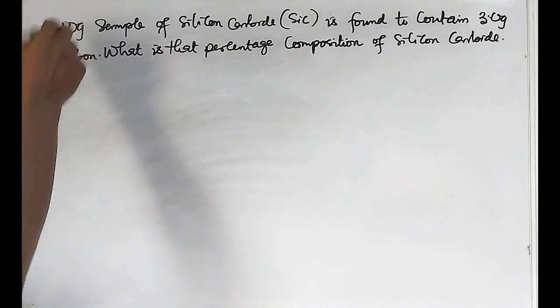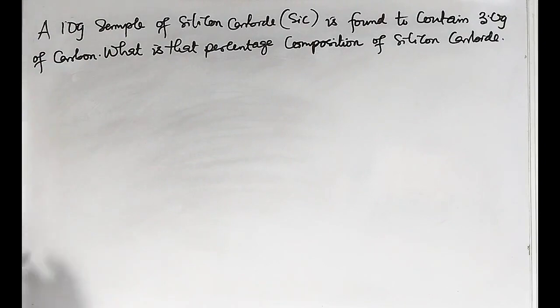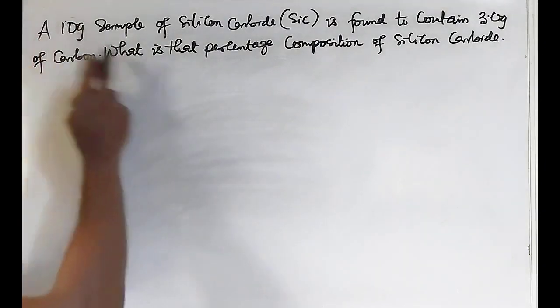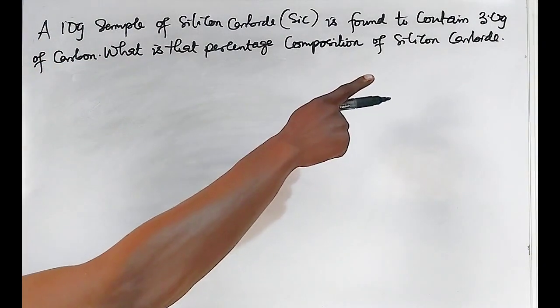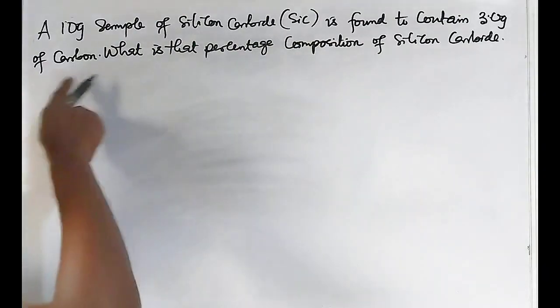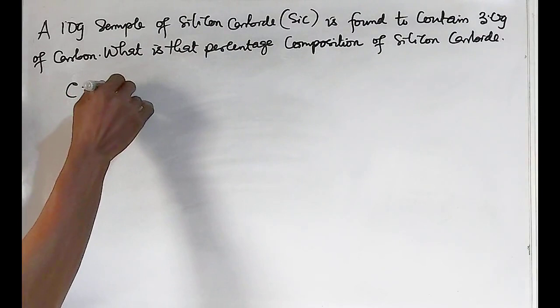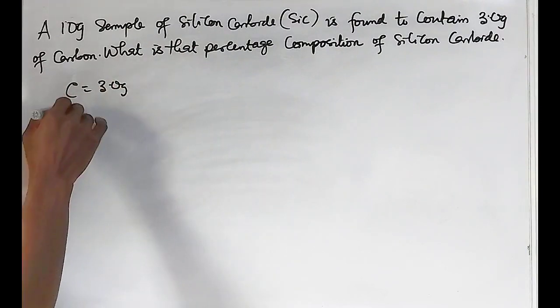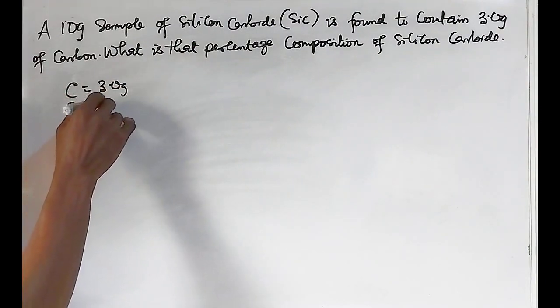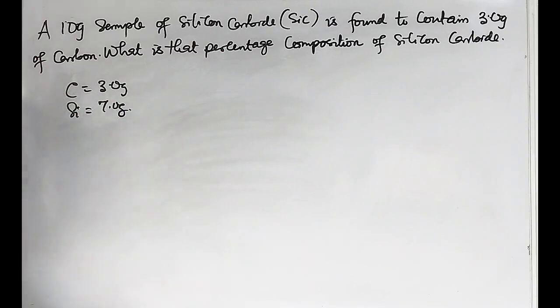This is 10 gram. Okay, now if the total composition is 10 gram and carbon is 3, then definitely silicon will be 7.0.